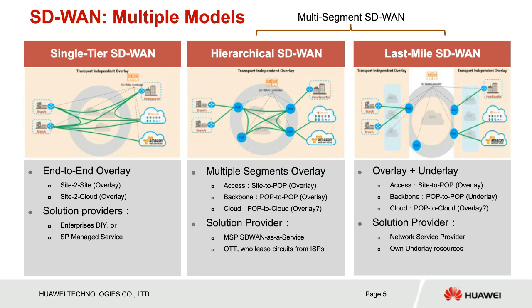Here, I just want to peel the onion to look inside SD-WAN, what kinds of SD-WAN there are, and what kinds of services there are. Is it actually a challenge to today's incumbent network service providers, or is it actually a complement to the services they already offer, enabling them to provide more value-added services to their existing customers, or giving them a tool to reach out to new customers?